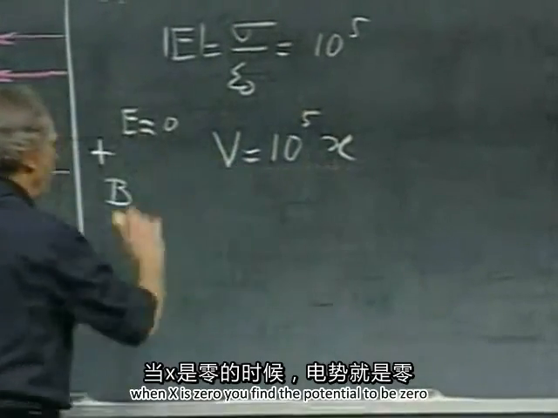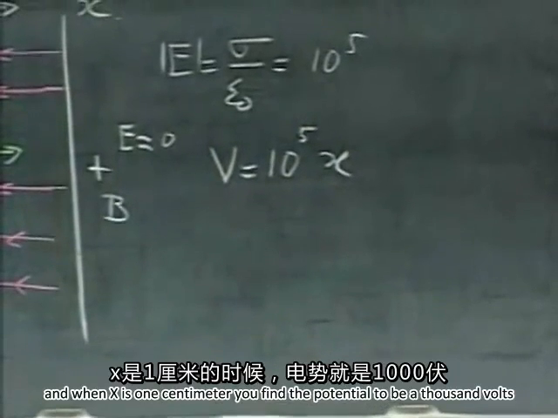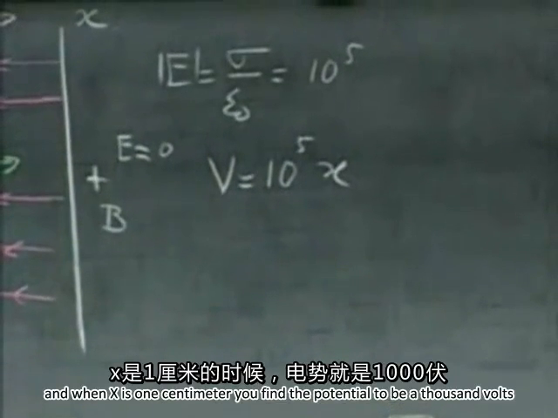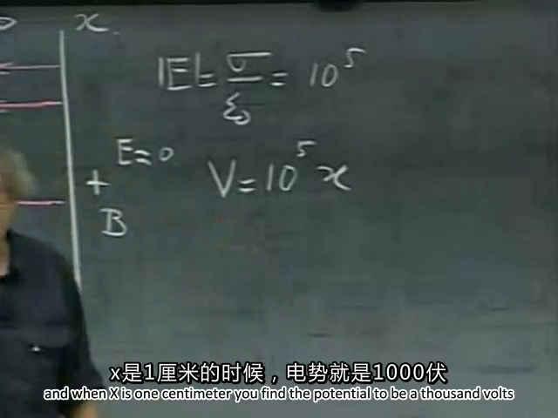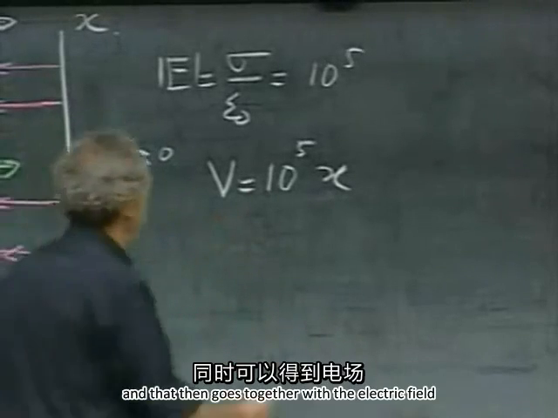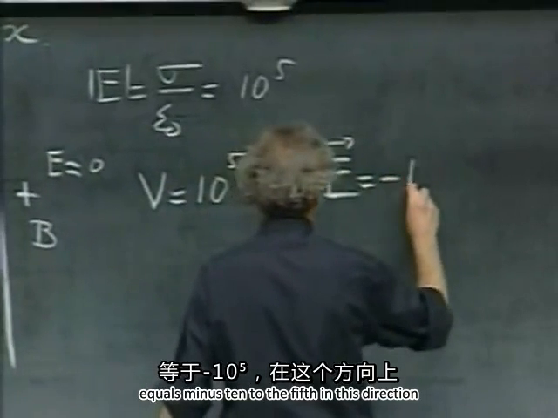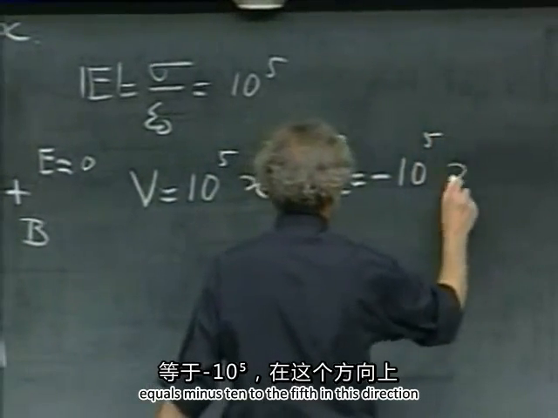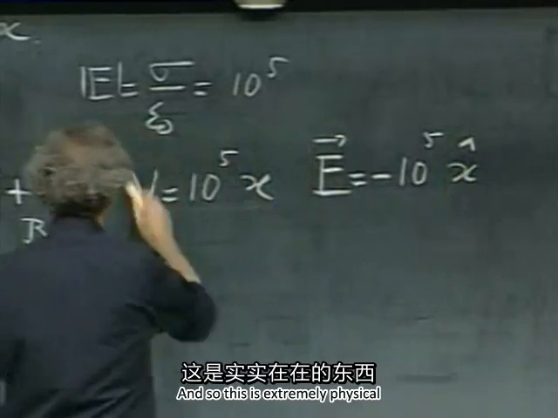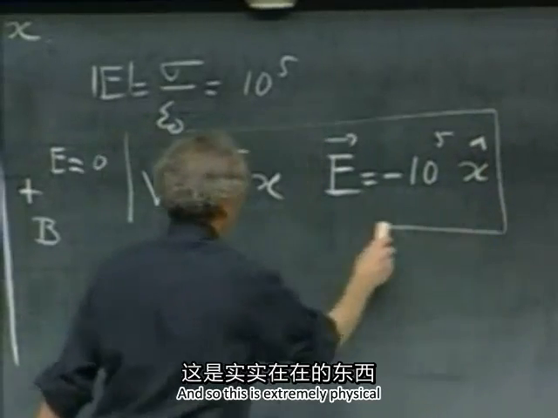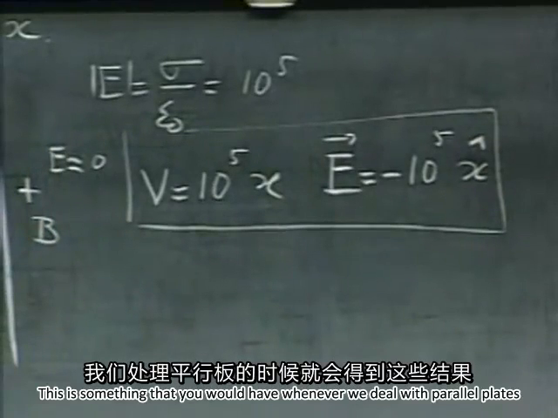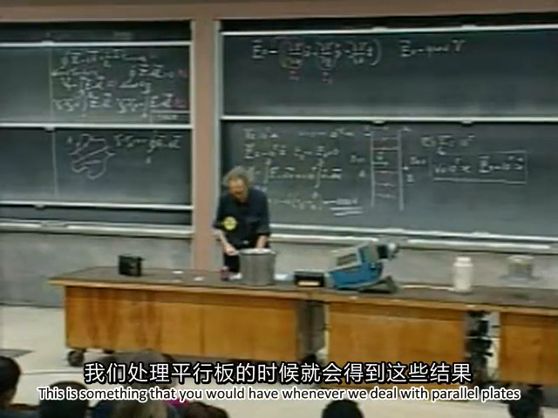When x is 0, you find the potential to be 0. And when x is 1 centimeter, you find the potential to be 1,000 volts. And that then goes together with the electric field equals minus 10 to the 5th in this direction. And so this is extremely physical. This is something that you would have whenever we deal with parallel plates.